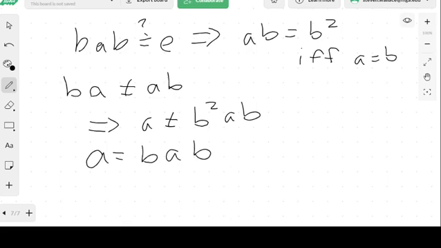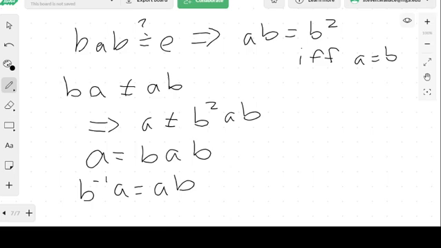Would that be possible? That means that B inverse A is equal to AB. Yes. And is that possible? Yes, it's actually the only possibility, right?